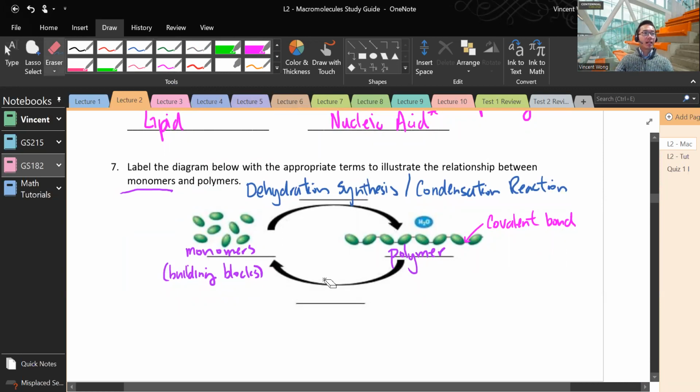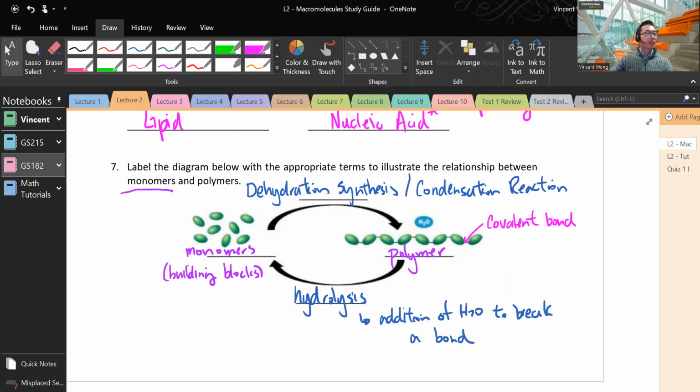Yeah, it involves hydration and you're going to break the bond. So it's called hydrolysis. Very good. Okay, so that is the addition of water, H2O, to break a bond. All right. Okay.